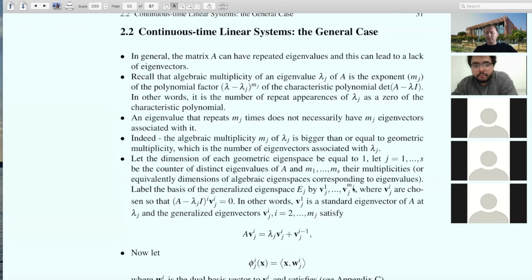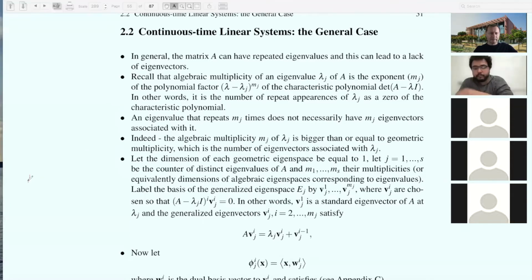And these are obtained as solutions of this equation that should remind you of the eigenvector equation. So I'll get to that in a second. So (A minus lambda j I) to the power i Vji is equal to 0. Let me just write something quickly so you can get a little bit of intuition about that.